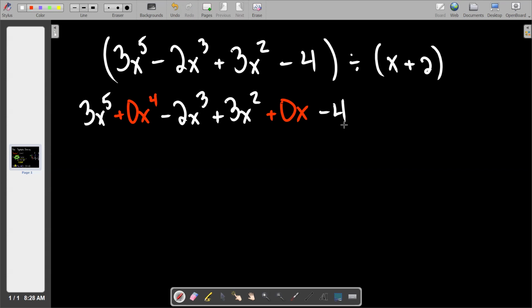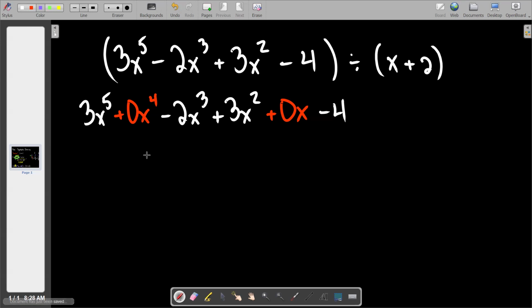Do you see where the zeros come from? Yeah. They fill in the missing places where the exponents don't descend correctly. You need it to go down perfect. 5, 4, 3, 2, 1, 0, or 4, 3, 2, 1, 0. And anyone that's not present and accounted for gets a 0. So let's make our purple numbers now. Does that answer everyone's question of where the zeros come from?